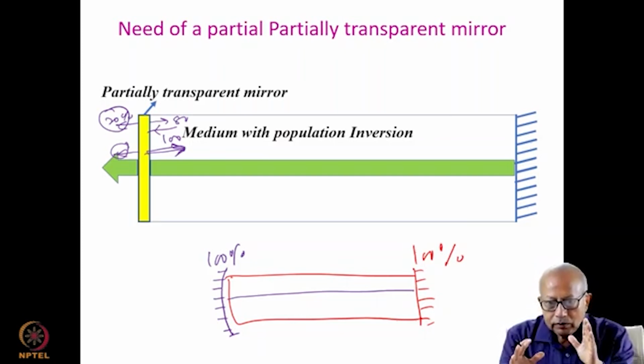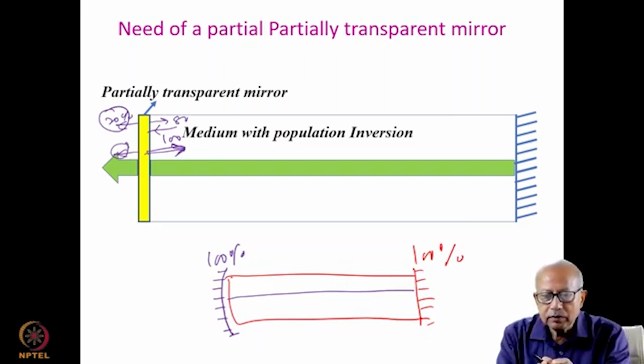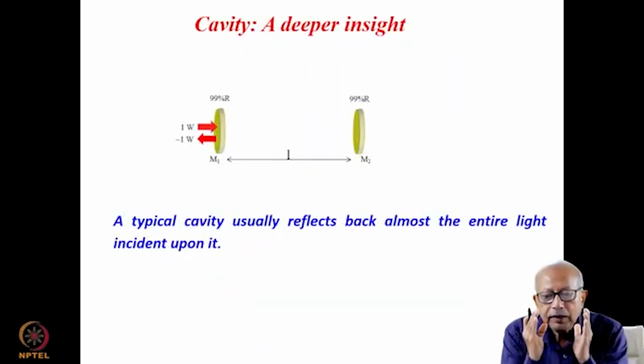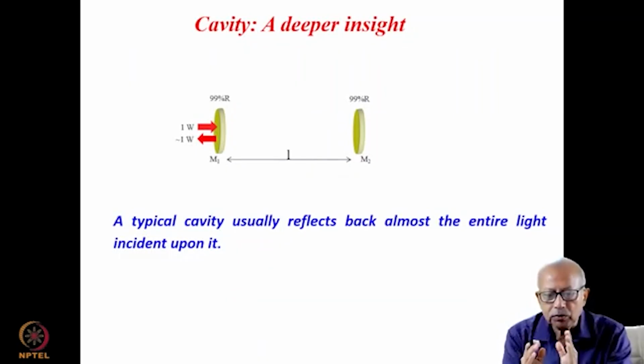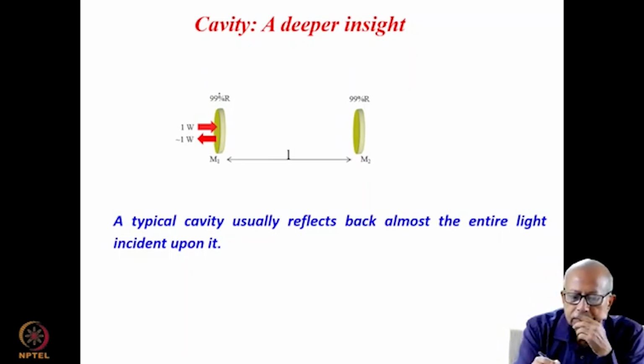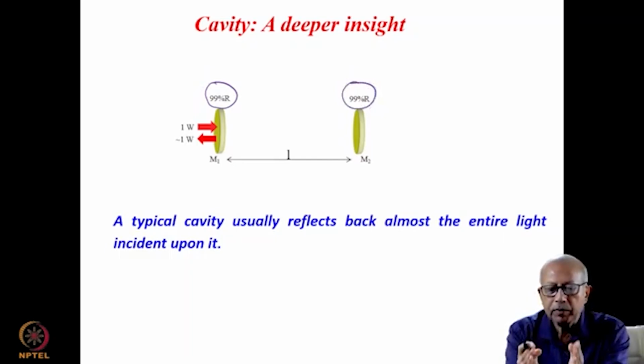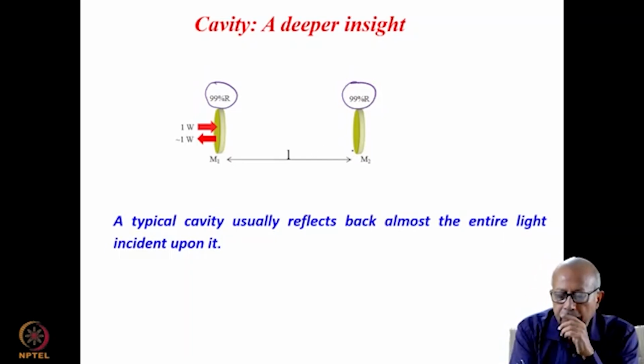But now let us take a deeper look at the cavity. Let us consider a typical cavity where both the mirrors have 99% reflectivity and they are placed parallel to each other at a given separation.